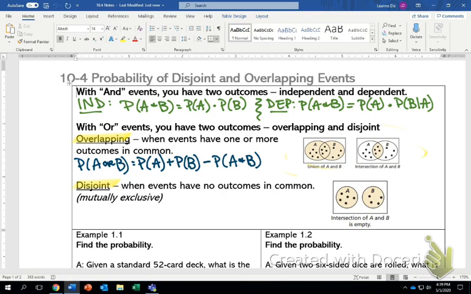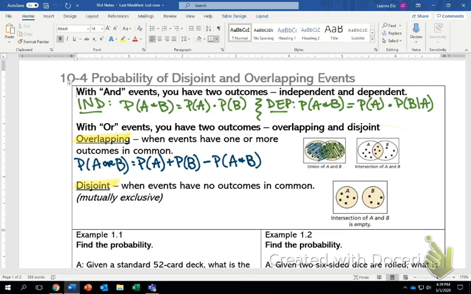We have our probability of A over here, so I've included all of my pieces inside of my A event. But then if I want to include B, I include this piece, but notice how I'm including the middle section, that intersection, twice. To avoid having extra information, I need to subtract one time so that I'm not counting the middle twice. That's the reason why we're subtracting the probability of A and B.